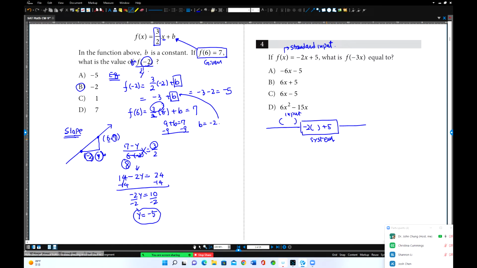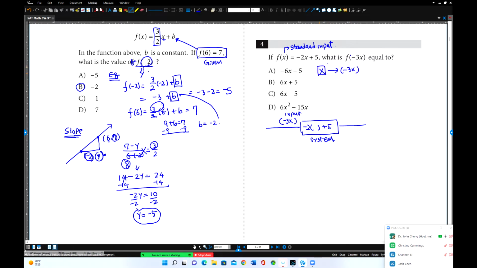Just we use the x. It doesn't have to be x, but this time the input is now negative 3x over here. This is the new input. You've got to be careful. This x is totally different. This whole thing is the input, that means this x is replaced with negative 3x.